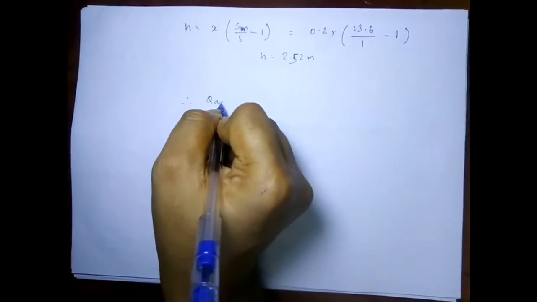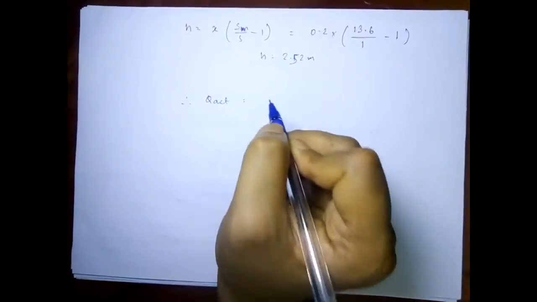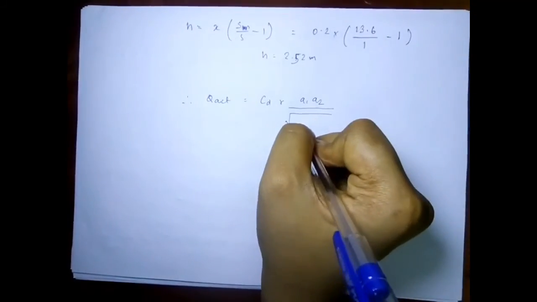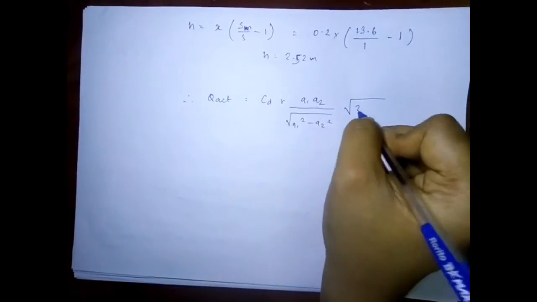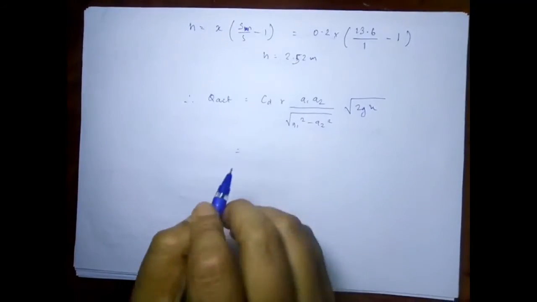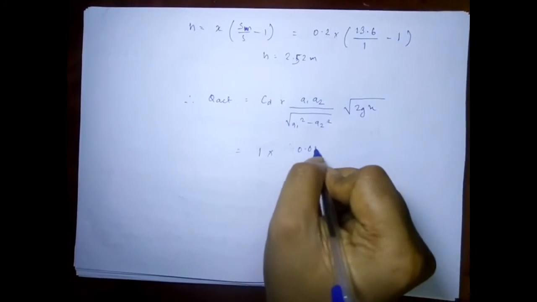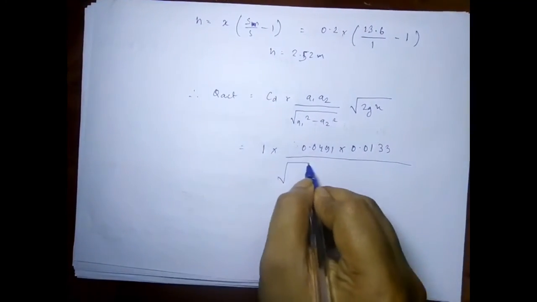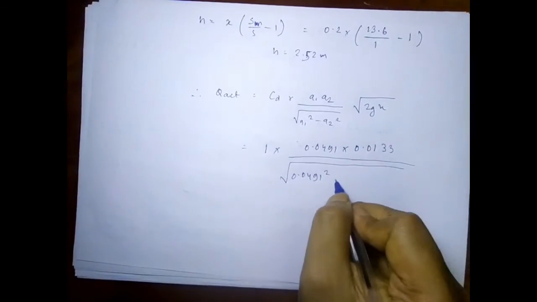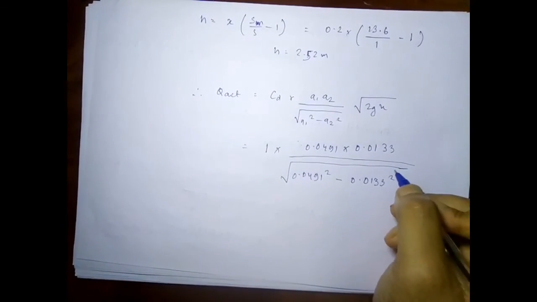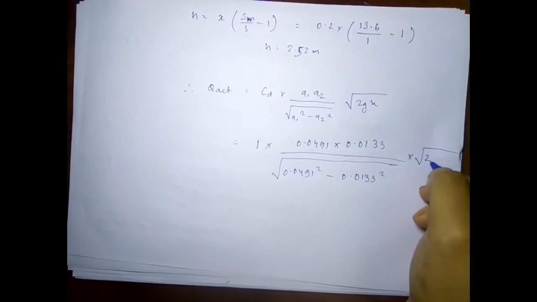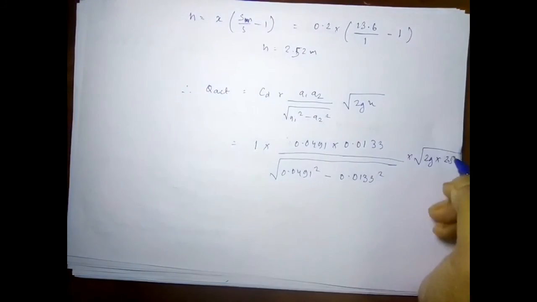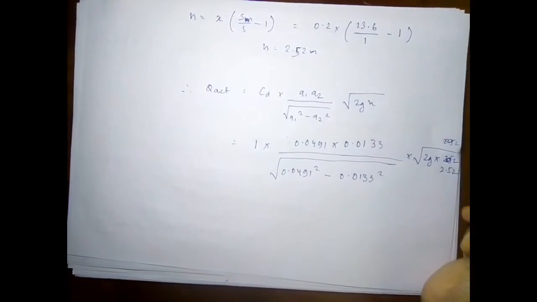So therefore the actual discharge, Q actual, is equal to, assuming CD as 1, CD times A1 A2 upon square root of A1 square minus A2 square, times root 2gh. So that is 0.0491 times 0.0133 upon square root of 0.0491 square minus 0.0133 square, times root of 2g times h, where h is 2.52.